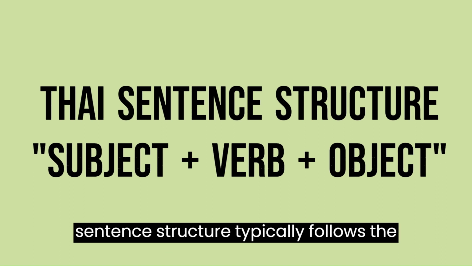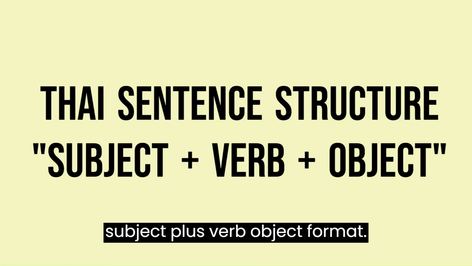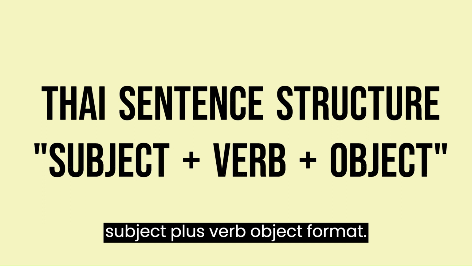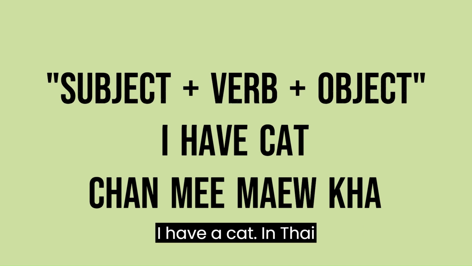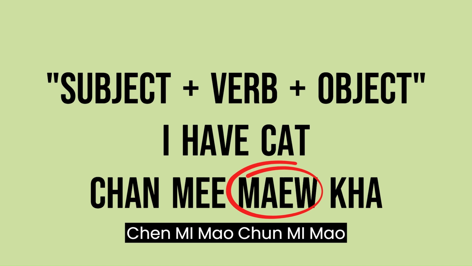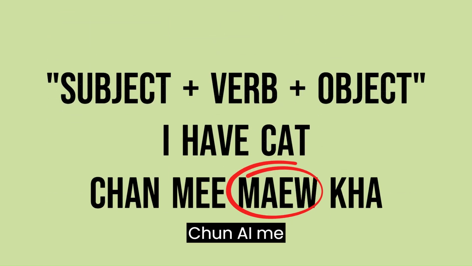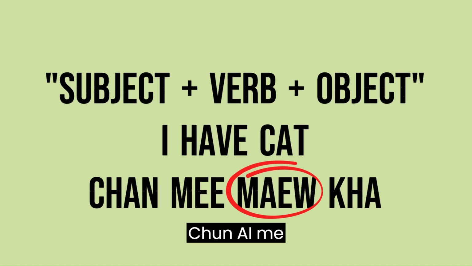Thai sentence structure typically follows the subject plus verb plus object format. Let's look at a simple example. I have a cat. In Thai, ฉันมีแมว. ฉัน means I, me, มี means have, แมว means cat.